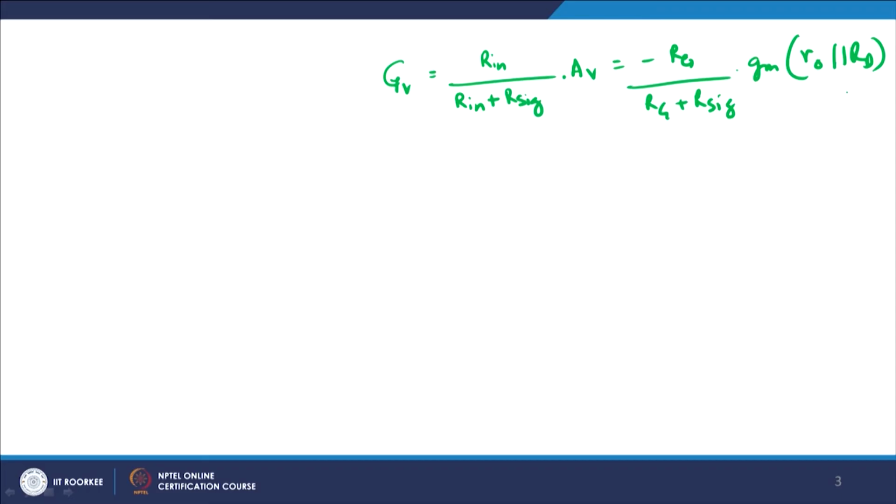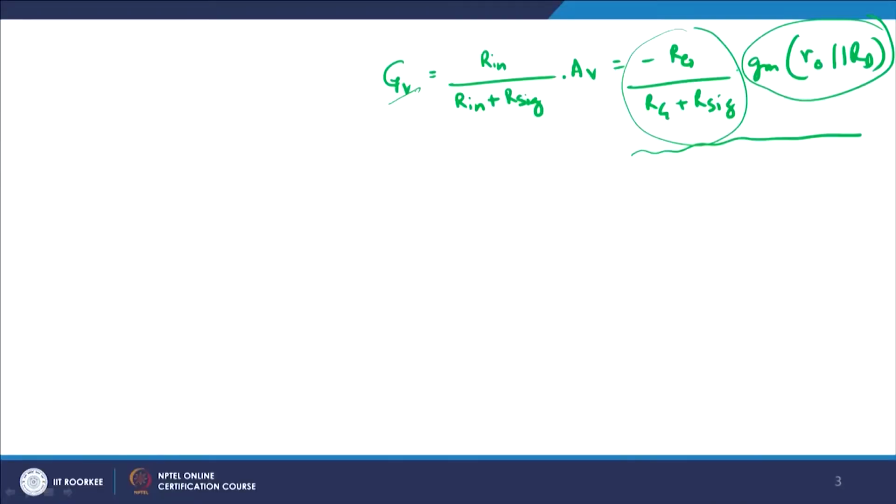This gives you the value of your overall system gain. This part is the gain due to the device itself, and this is the gain due to the circuit. But as I discussed with you, since Rg is very large, these will cancel each other, and I will have an overall gain equal to Gm times Rd with a negative sign, because you will get a 180 degree phase shift between the drain and the gate of your device.